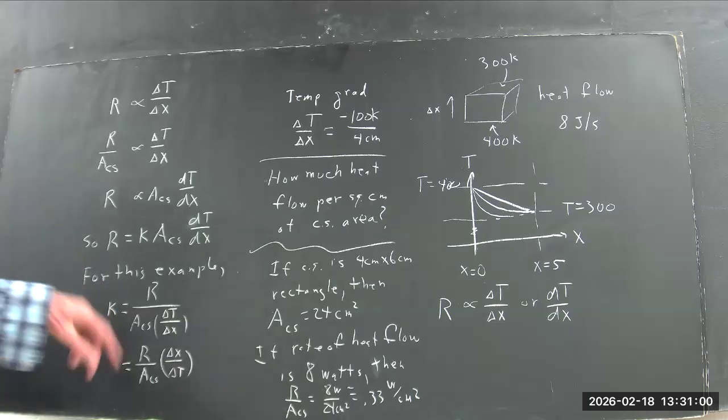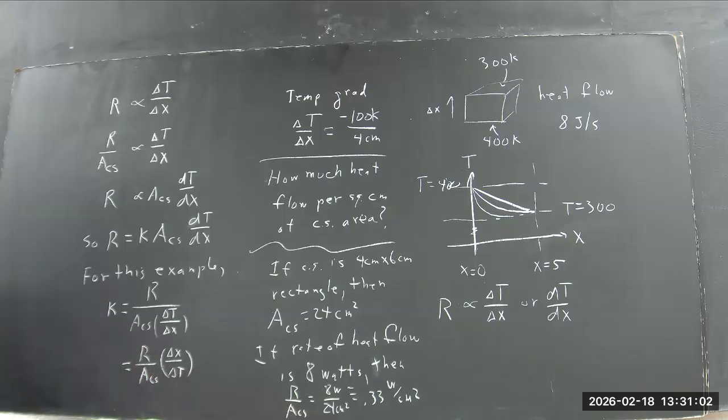So we could write it like this. We just write R delta X over A_cs delta T. So what do you get for K?